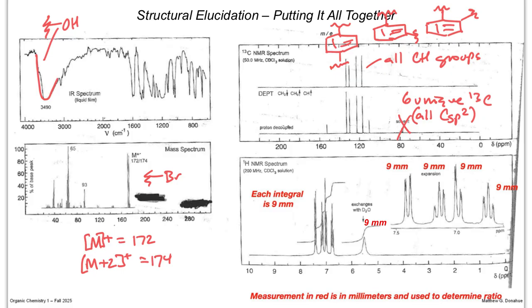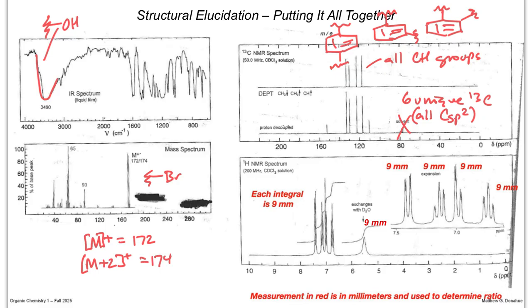So the proton NMR data, this thing right here in the middle, that's the H of the alcohol. The expansion that's shown right here shows 1, 2, 3, 4 signals. So that doesn't solve the problem just yet.